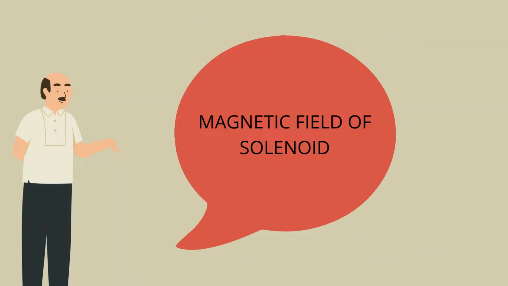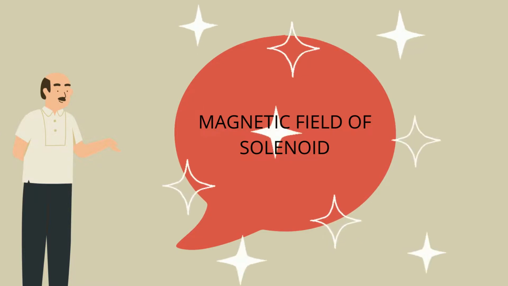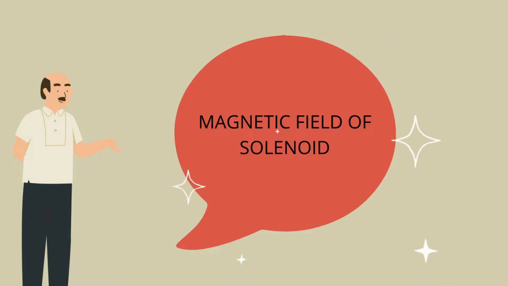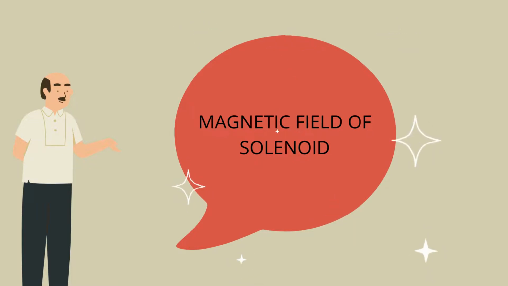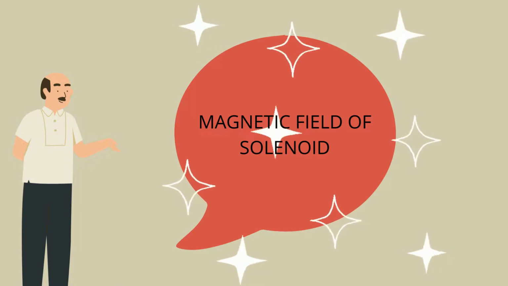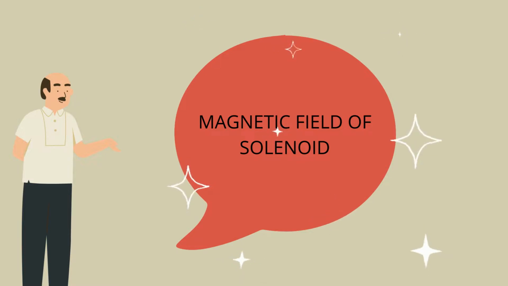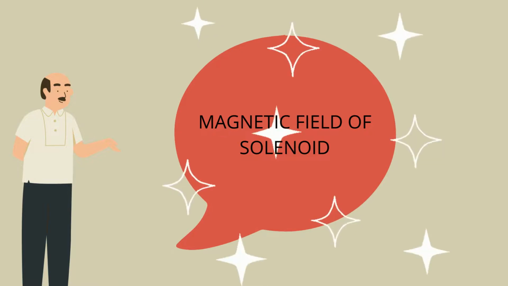The last subtopic in this chapter is magnetic field of a solenoid. In this subtopic, we will learn what a solenoid is, what formula we will use to find the magnetic field, and the difference between the magnetic field inside the solenoid and outside the solenoid.